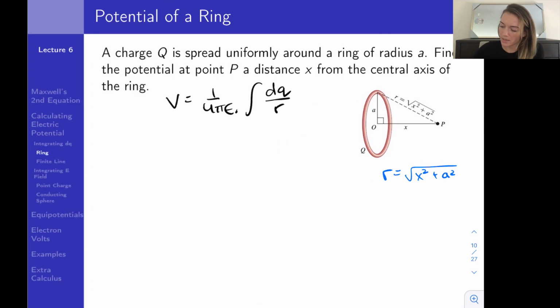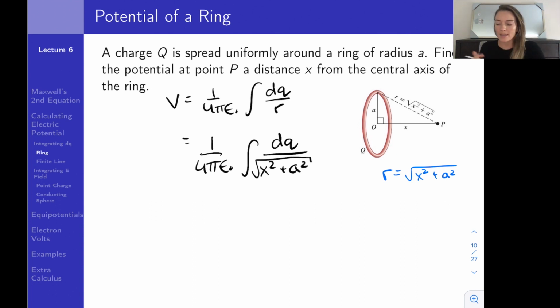So let's plug that in. Then we've got dq. Okay, and now we can cheat a little bit here because we can see that our dq is not going to depend on a, because a is fixed, so there's nothing to integrate there.